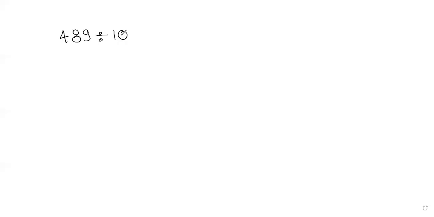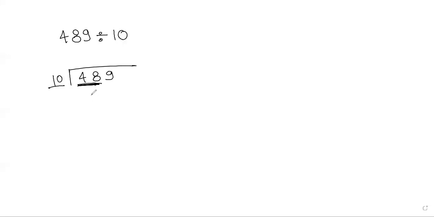Then there is a rule. First of all, try to divide this number by 10. See, the divisor is of 2 digits, so you need to choose the leftmost 2 digits to divide.